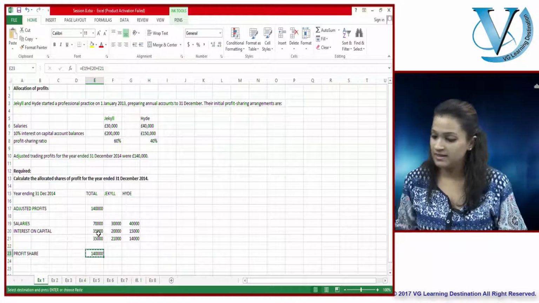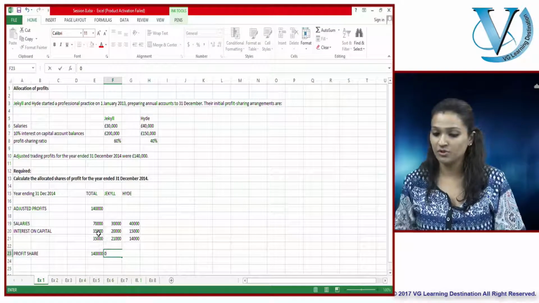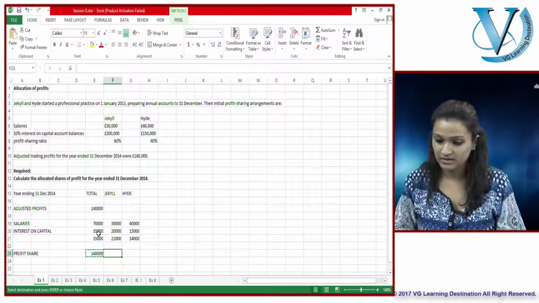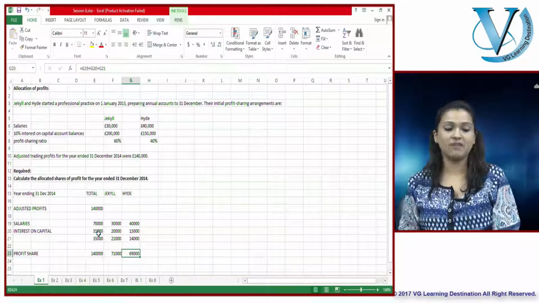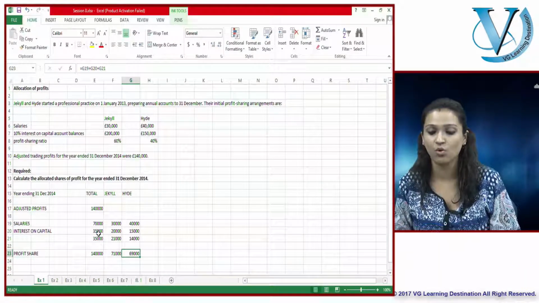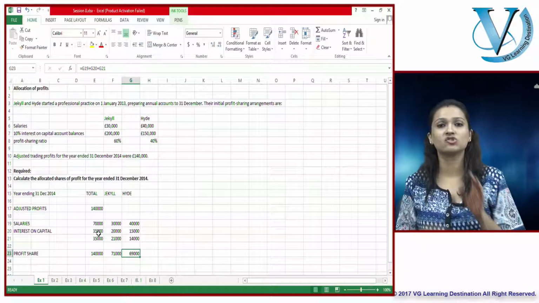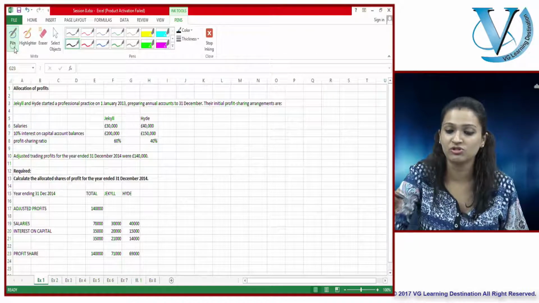Similarly, let's find it out for the two partners that we have. So 71,000 pounds and 69,000 pounds is what gets allocated amongst the two partners, Jekyll and Hyde. So nice and easy example. Let me quickly run through the rules with you.